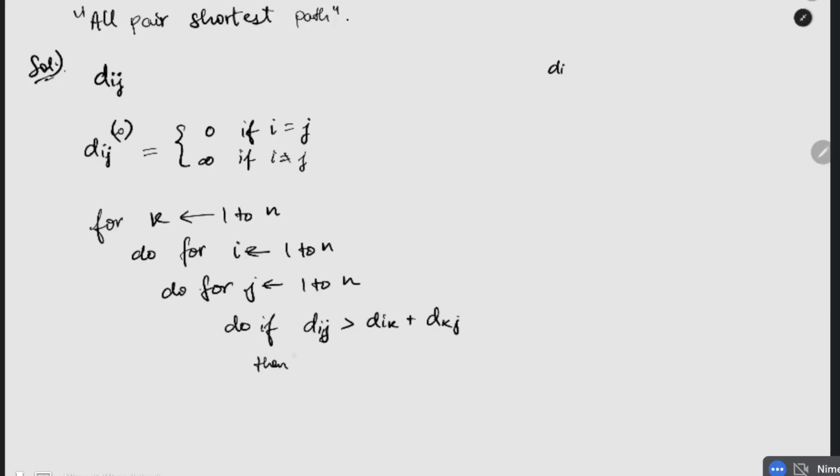Then we update. Dij is updated with the new smaller value Dkj.